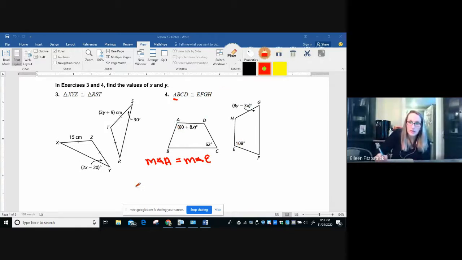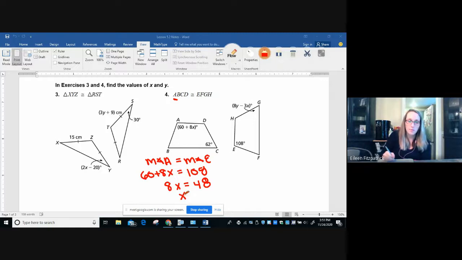So angle A is 60 plus 8x. Angle E is 108. Oh, that's an ugly 8. Subtract 60 from both sides. So you have 8x is equal to 48. Divide both sides by 8, and x is equal to 6. All right.